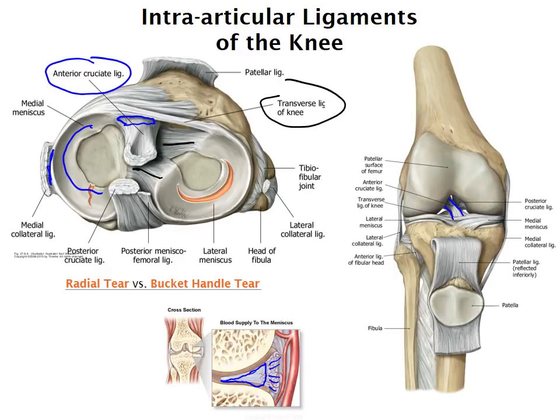The ACL helps to prevent anterior displacement of the tibia with respect to the femur. It also helps to prevent the tibia from rotating internally with respect to the femur as well.